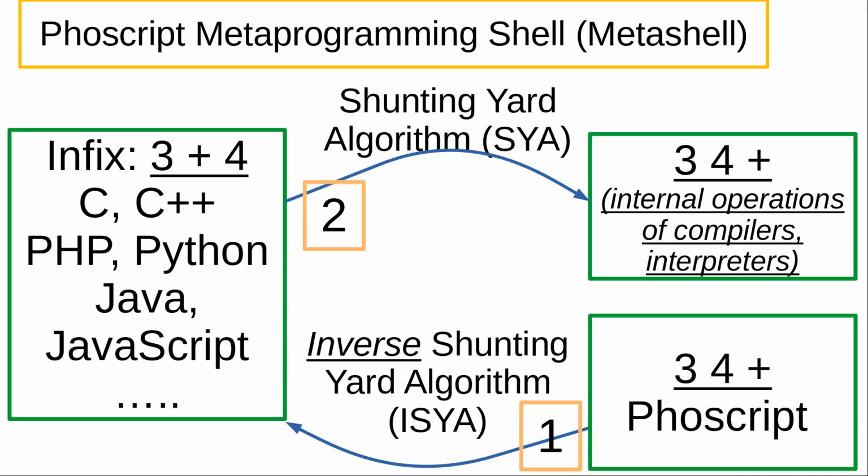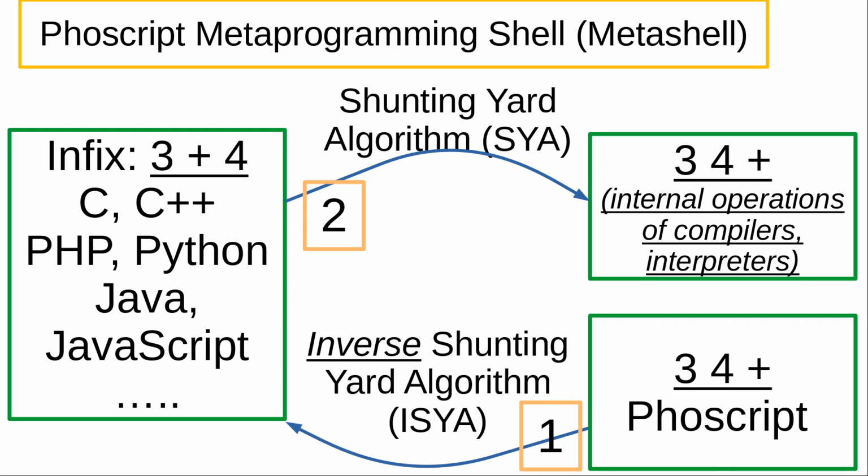Now let us look at the second part of the bidirectional shunting yard algorithm, that is the inverse shunting yard algorithm. As shown on the screen, suppose we now have an input expression 3, 4 plus, as shown in the bottom right green box on the screen.